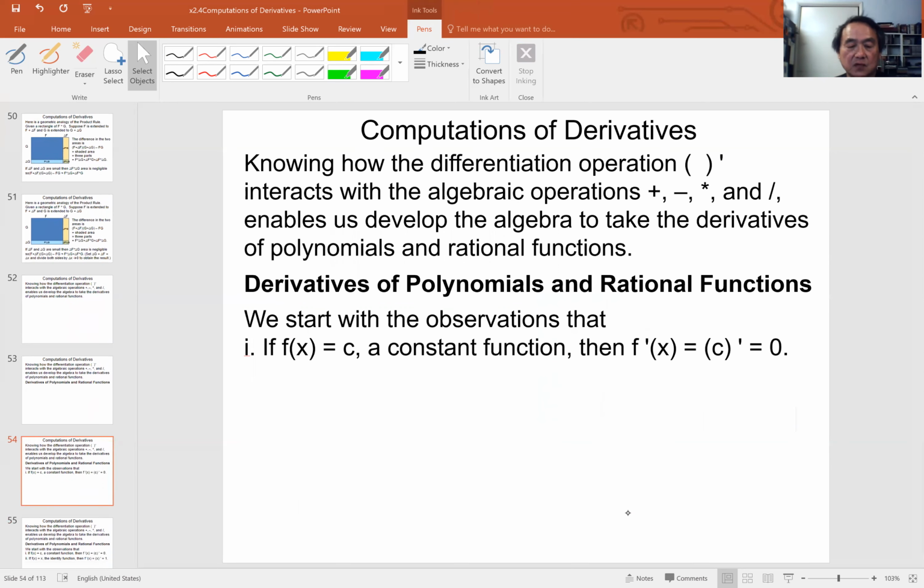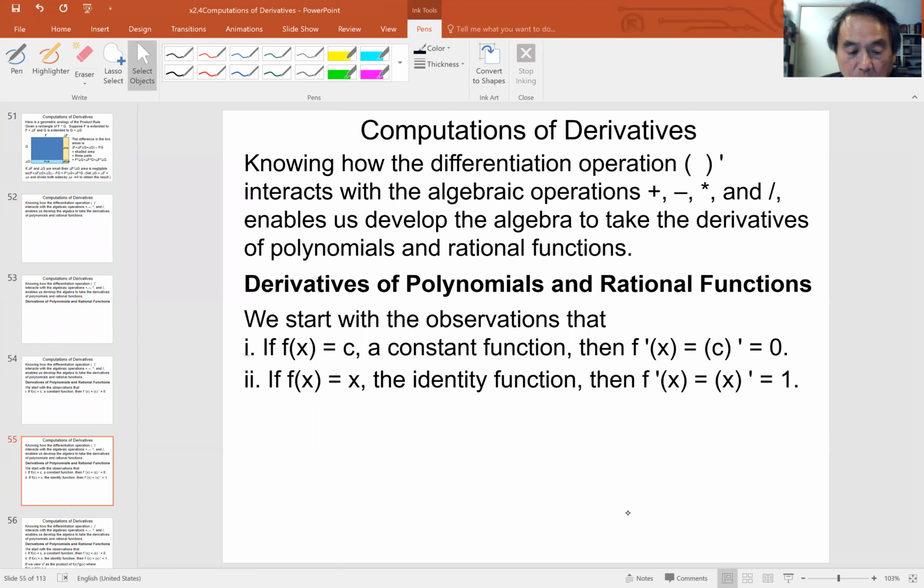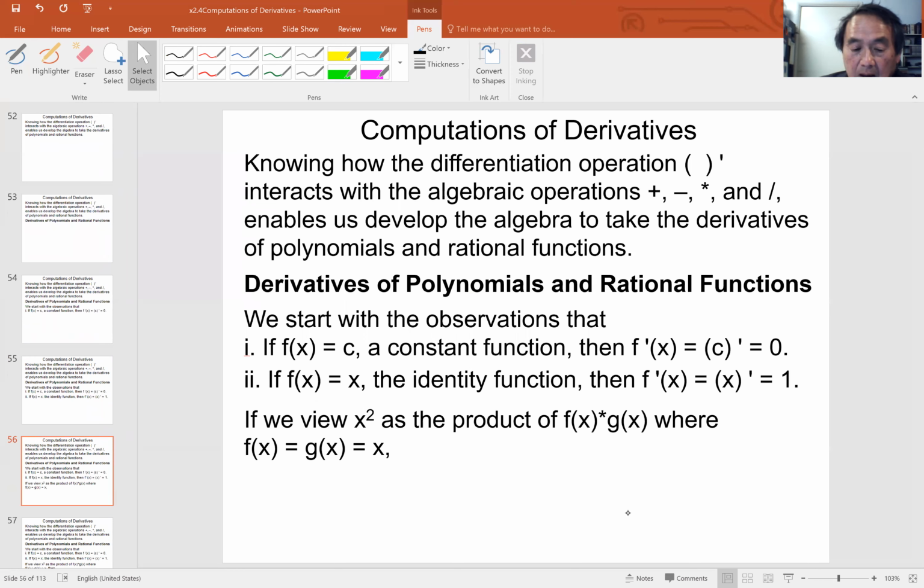Now let's come to the derivative of the power formula. Start with the power formula. The derivative of a constant function is 0. The derivative of x, which is the slope, which is everywhere 1, is 1. Now remember the product rule: f prime g plus g prime f.